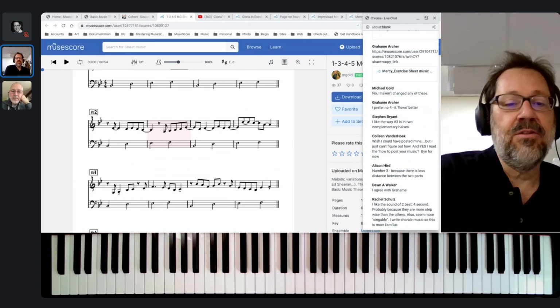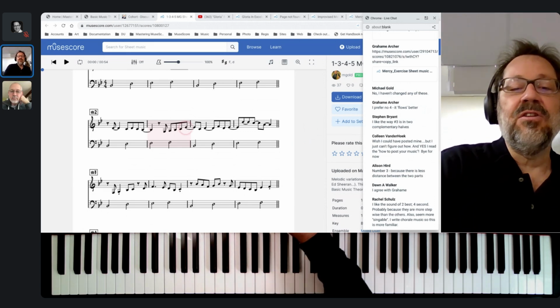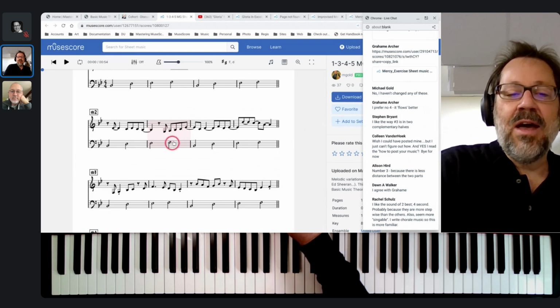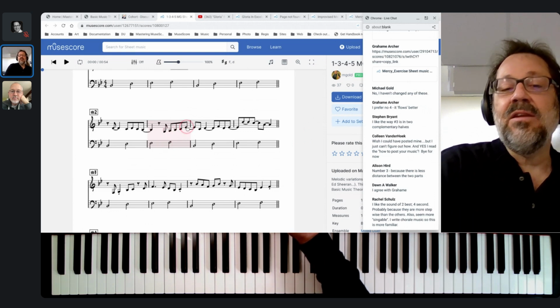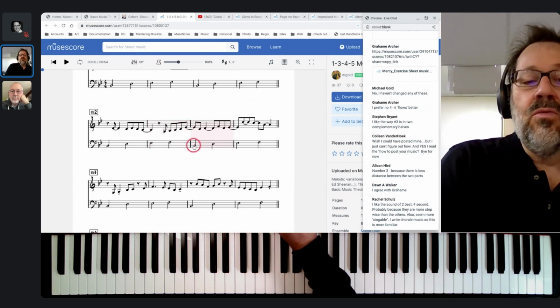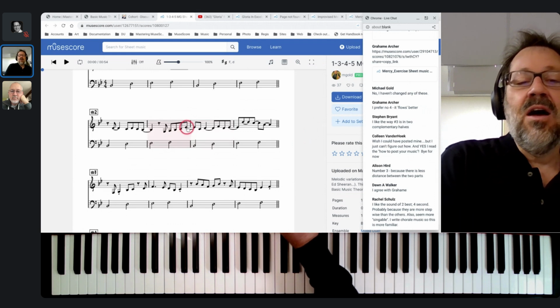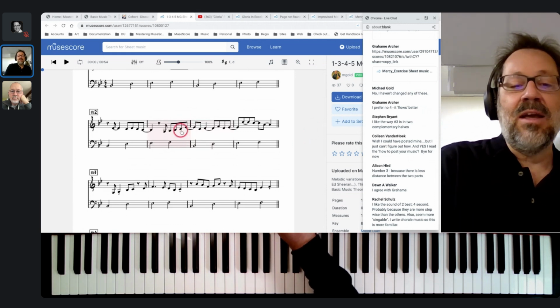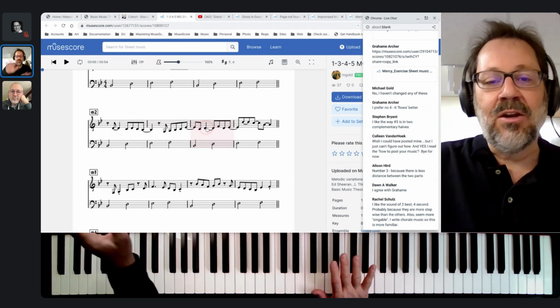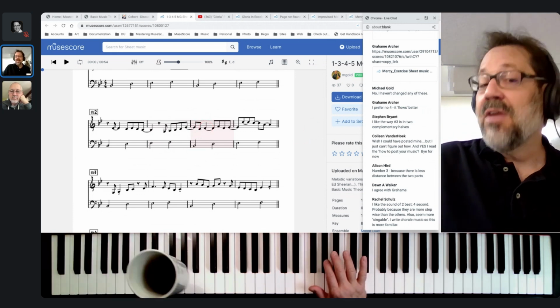Yeah, that is a suspension with a delayed resolution. We have the F, and there's consonance when the F comes in, the E flat comes in later, creates dissonance, and then the first voice moves to resolve that dissonance. Or actually, this is like dissonance and then more dissonance, and it doesn't get resolved until later, which is fine also. It's a more modern technique.